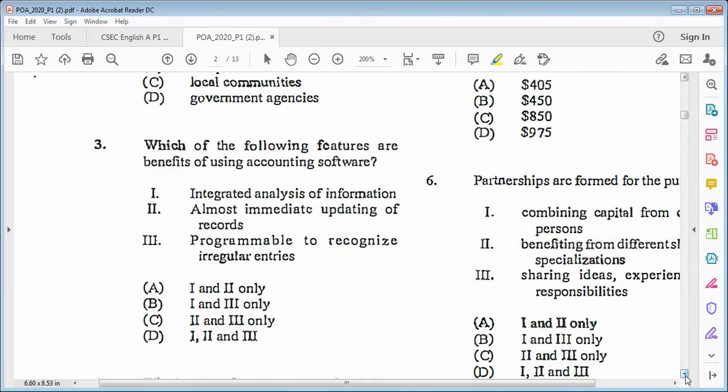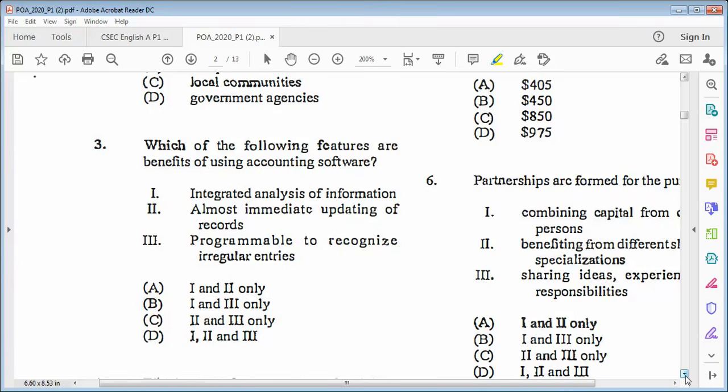Let's go on to number 3. It says, which of the following features are benefits of using accounting software? 1. Integrated analysis of information. 2. Almost immediate updating of records. 3. Programmable to recognize irregular entries.